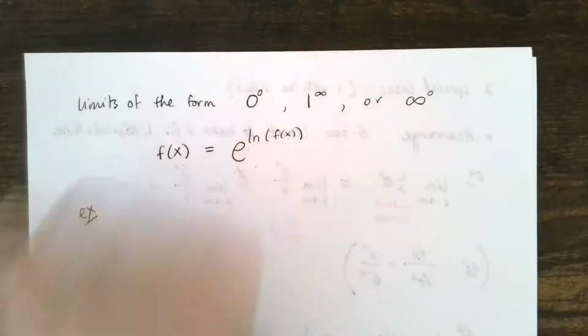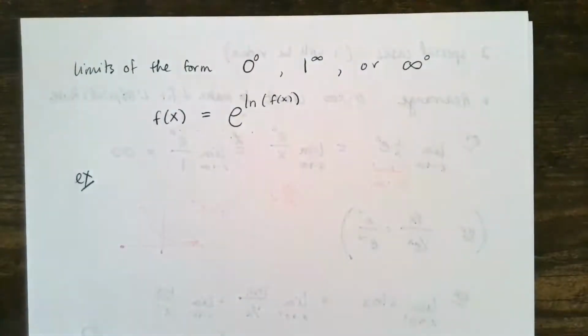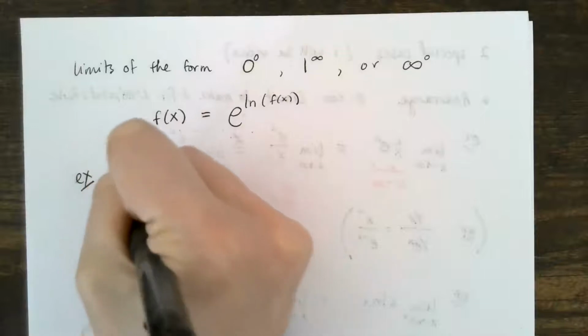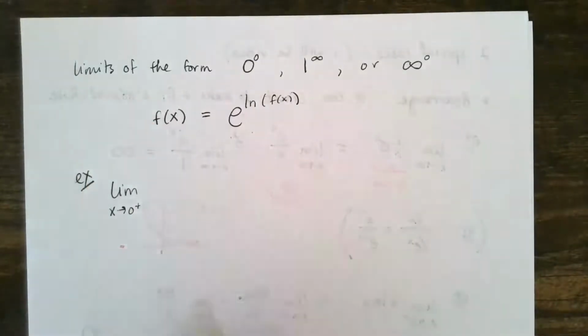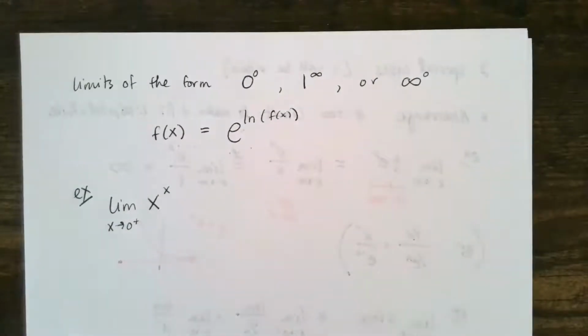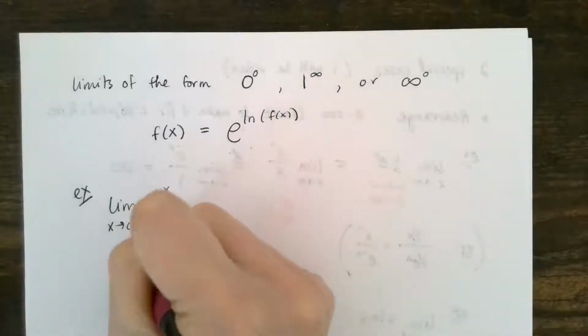So let me show you what I mean. The example we'll do first is limit as x approaches 0 from the right of x raised to the x power. So if we think about what this limit form is, we say, okay, well, the base is definitely going to 0.